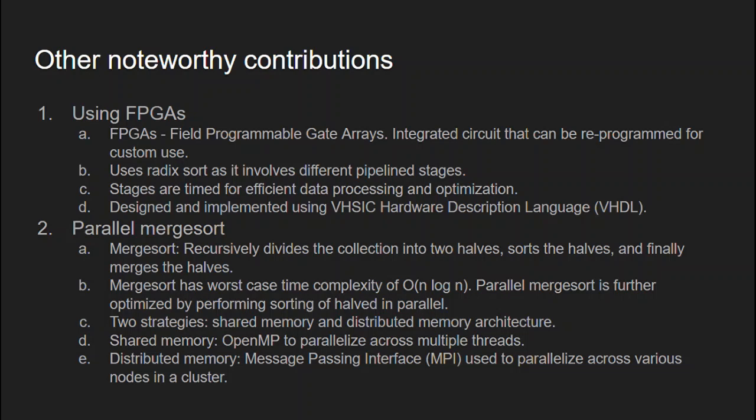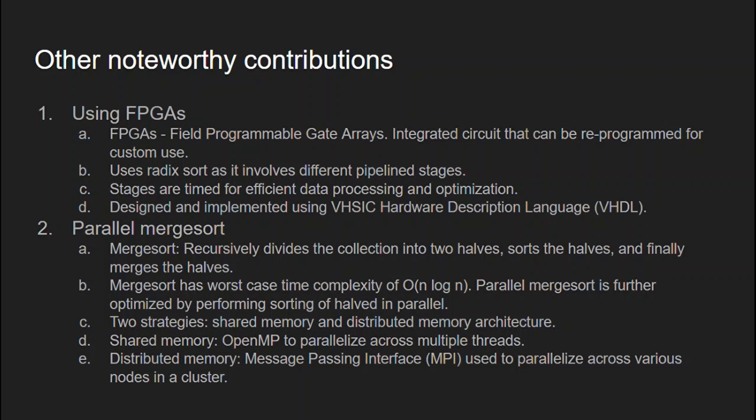Field programmable gate arrays are integrated circuits that can be reprogrammed for custom use. These circuits provide flexibility and the ability to perform parallel tasks very efficiently. The proposed algorithm uses radix sort as it involves multiple pipeline stages.